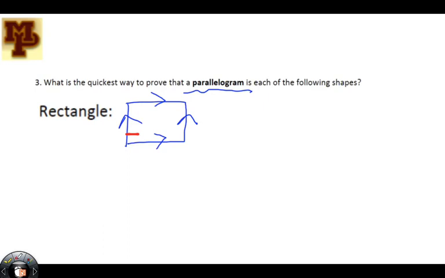Remember, a rectangle has one right angle right there, and once it has one right angle, it actually means that all four of them are right angles. So you can just calculate the slopes and see if the slopes are opposite reciprocals, the slope of this segment and the slope of this segment.